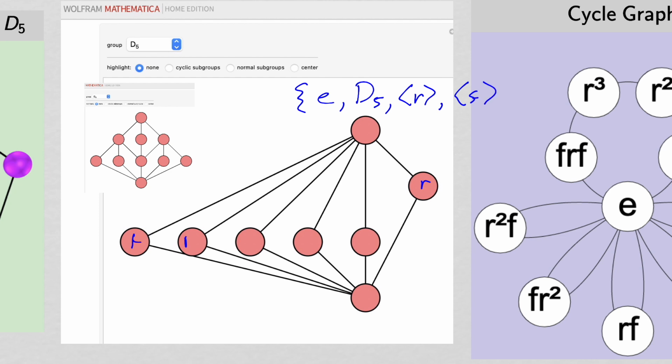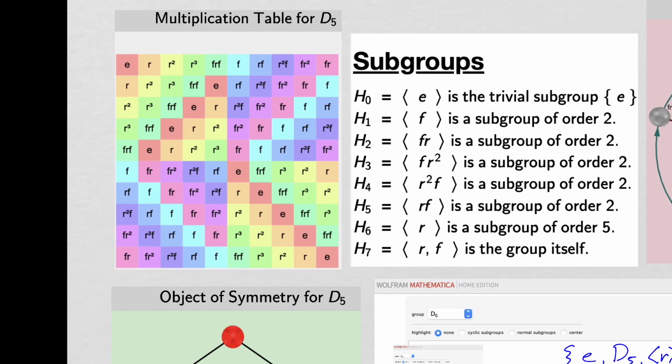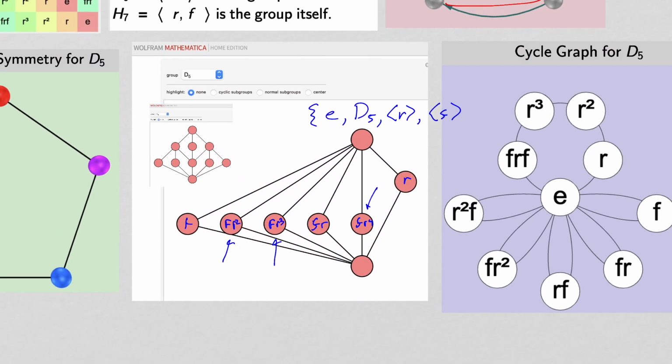And then the group by flip R squared, flip R cubed, flip R, and then flip R to the fourth. Now, these flip R cubed and flip R to the fourth are not part of the language that we've chosen for this multiplication table, but they're still legitimate subsets.